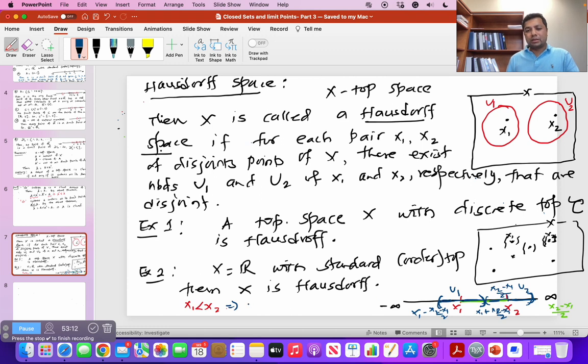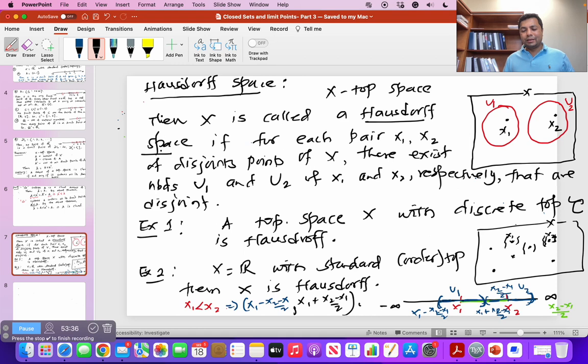So the open set, or neighborhood, of x1 is going to be (x1 minus (x2 minus x1) over 2, x1 plus (x2 minus x1) over 2). This is the neighborhood of x1.